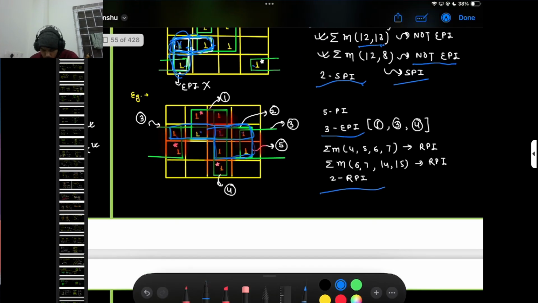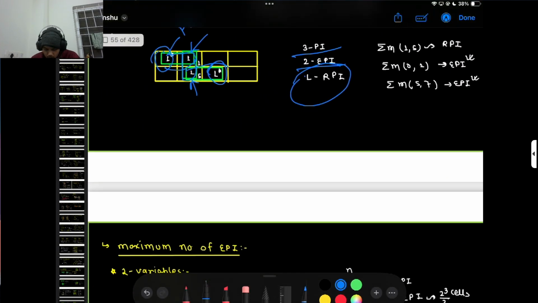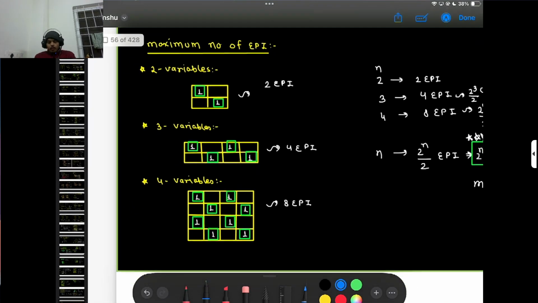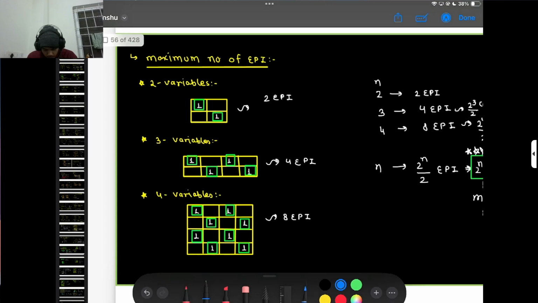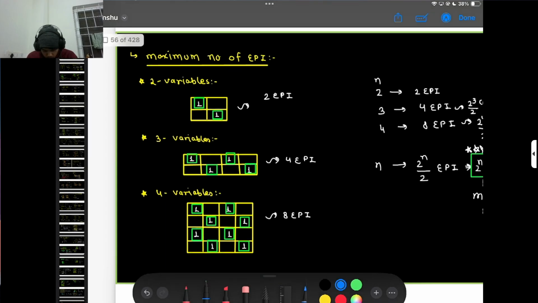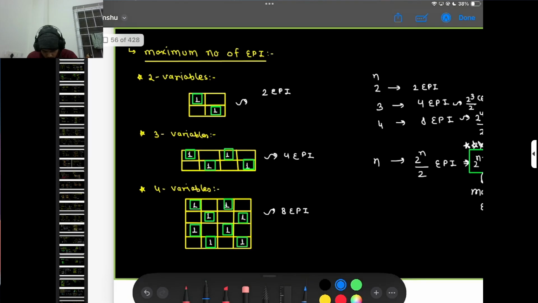So this is basically my RPI. Maximum number of EPI: 2 variable, 2 EPI; 4 variable, 8 EPI.